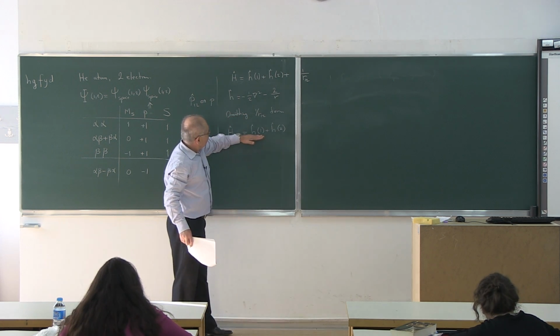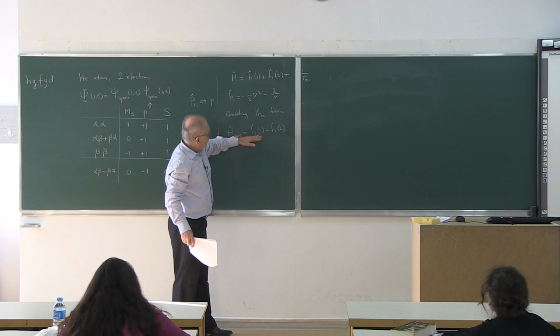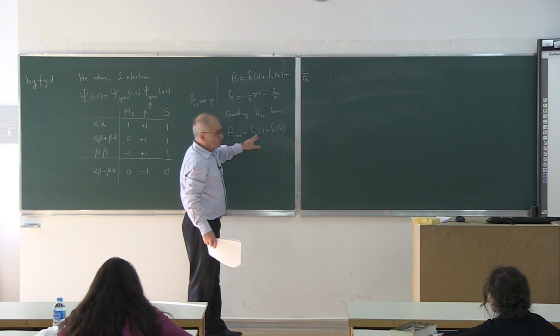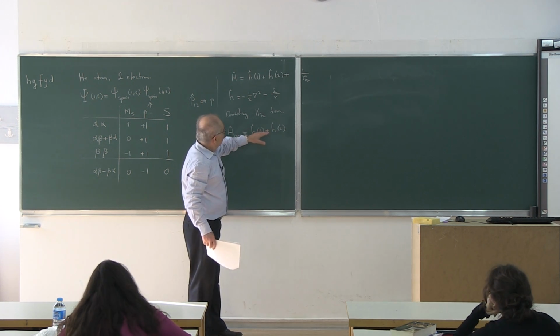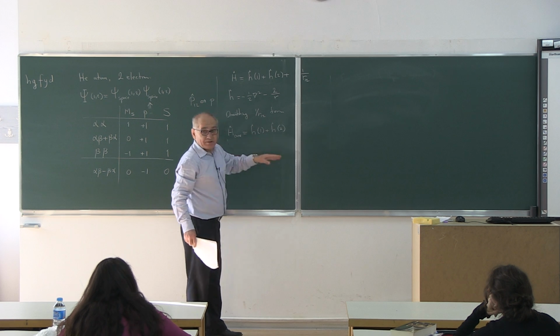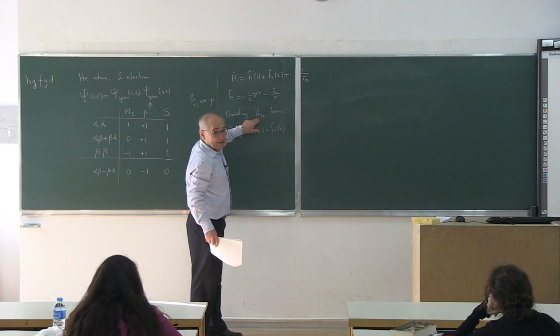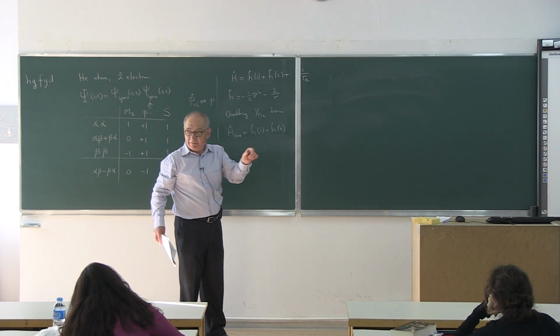Now, if you examine the physical meaning of this expression, you see that there are 2 electrons. And these 2 electrons are non-interacting because we have omitted the interaction term here. So each electron is independently moving with respect to the other one.